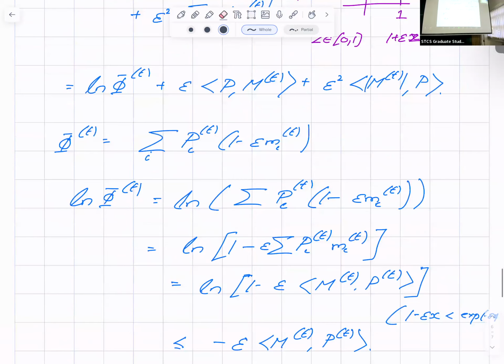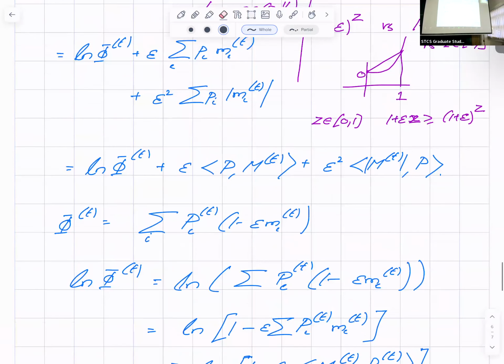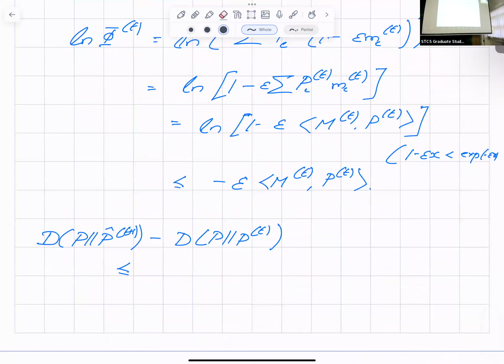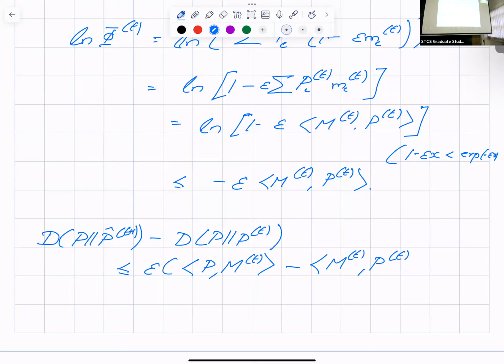So what did we have here? This was epsilon PMT plus epsilon this one. So this is epsilon. Previously we had an epsilon times PMT minus MTPT.